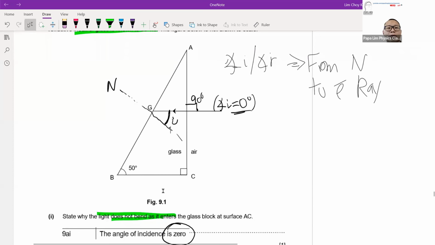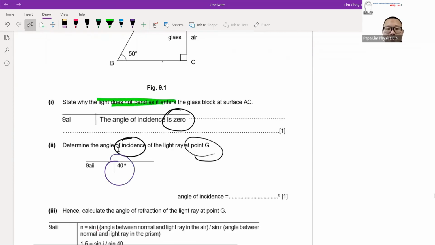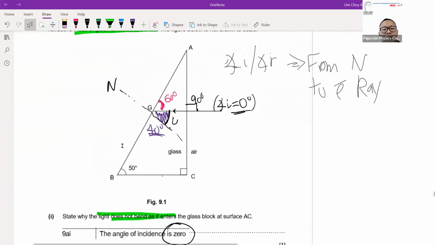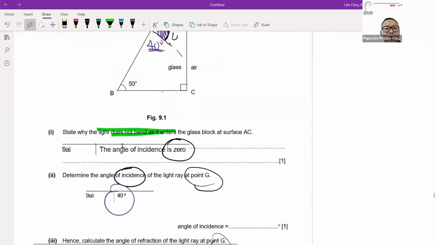If you look at it, these are two parallel lines, so this angle is 50 degrees, a corresponding angle. If this is 50 degrees, this angle here will be 40 degrees, because both of them make up 90 degrees. So the angle of incidence will be 40 degrees. Angle of refraction at point G: my angle of refraction is 40 degrees.